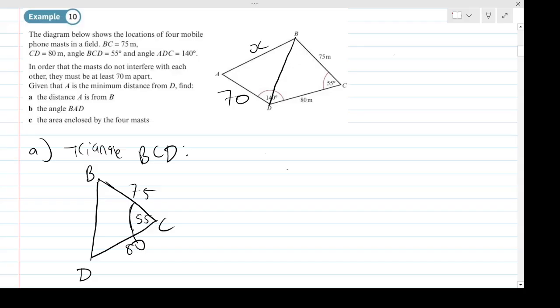Again, I've got two sides and an angle, and in particular, the angle is in between the two sides. So if this angle is opposite the other side, BD, that means we can use the cosine rule, because then I can work out this other side.